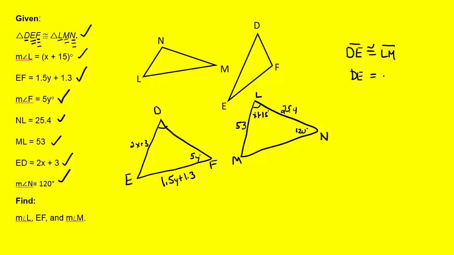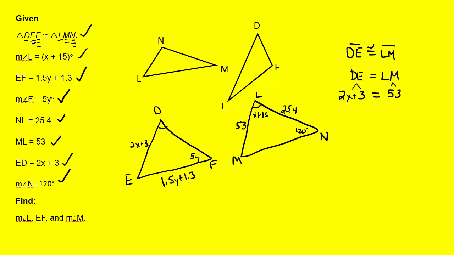So DE equals LM. And next, I can say the length of DE. Well, how long is DE? If I look at DE, that's 2x plus 3. We don't know the exact length, but it's represented by this expression, so I can substitute that in place of this. And then the length of segment LM, I can see is 53, so I can substitute that in place here.